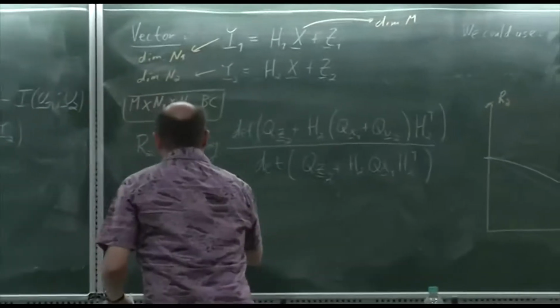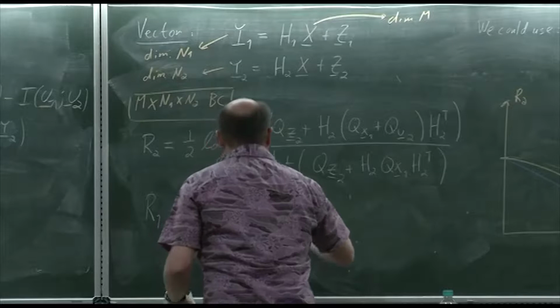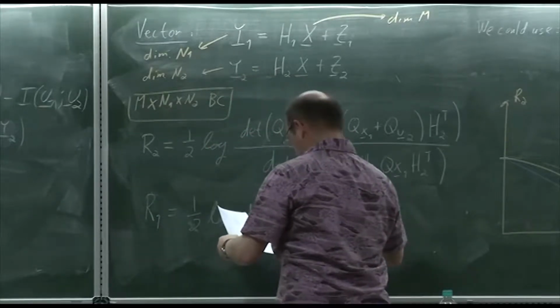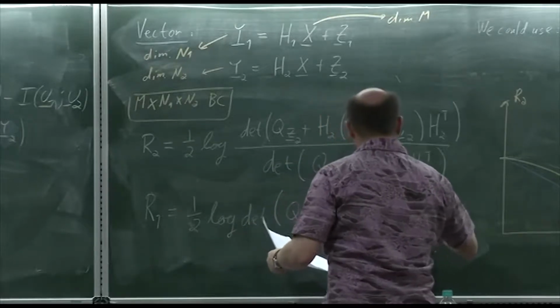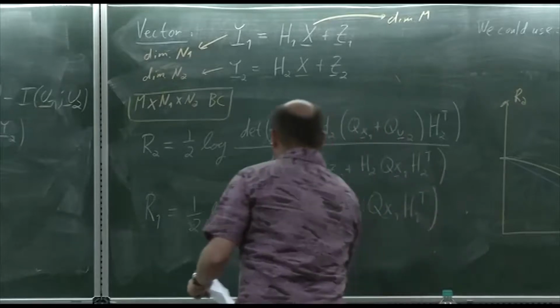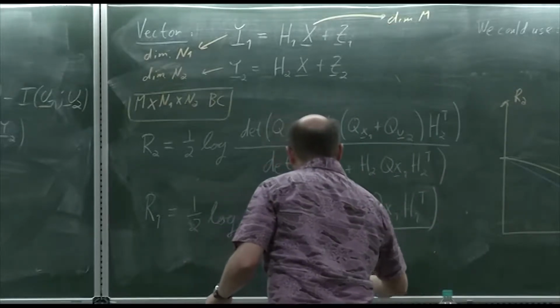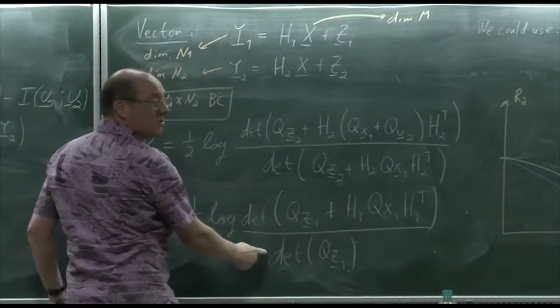So this one turns out to be just one half log determinant of just a signal to noise ratio, qz1 plus h1 qx1 h1t, divided by the determinant of qz2. Right, so here we have signal to interference plus noise ratio, here we have signal to interference ratio.